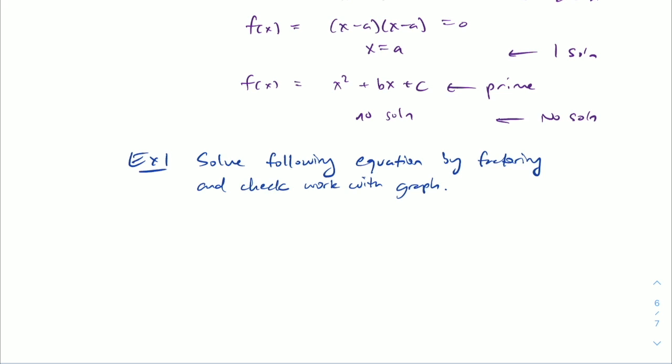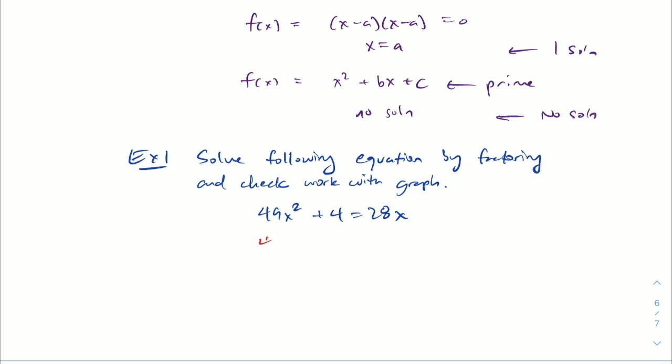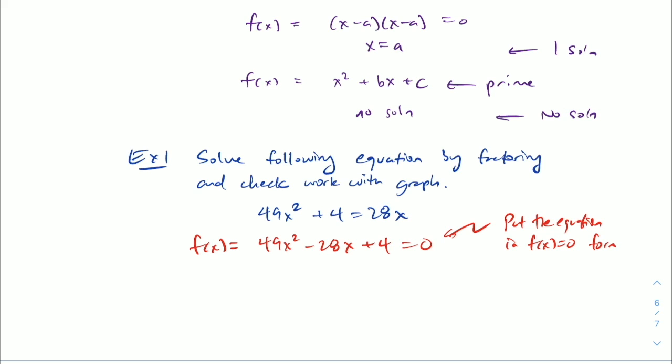Okay, so here's the equation. 49x squared plus 4 equals 28x. Okay, so the first thing we're going to do is move all the terms to the left-hand side. I'm going to reorder it slightly, like this. And I'm going to call that f of x. This is what it means to put the equation in the f of x equals 0 form. We move all the terms to one side, and then we define that side as f of x.